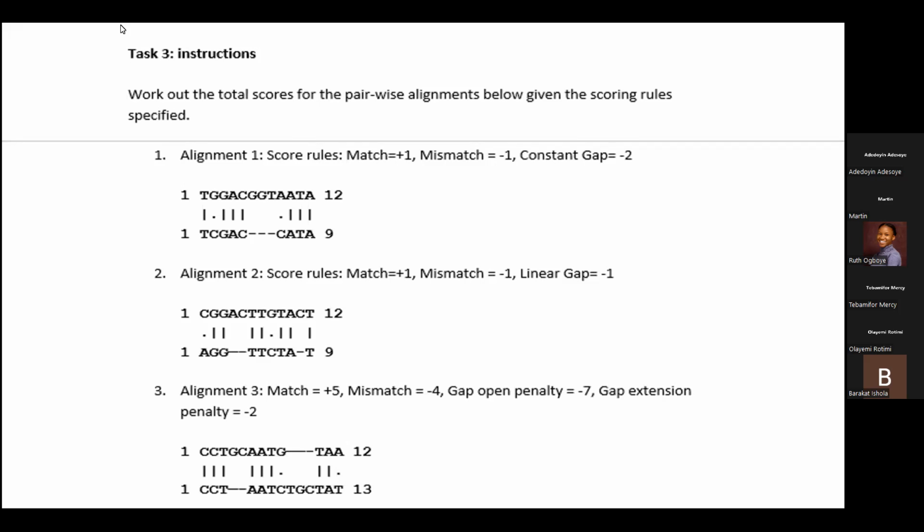Anyone done? Anyone? Or should I call names? Do we need to see the formula for number 3 again?